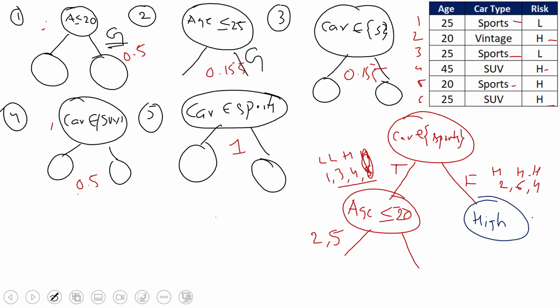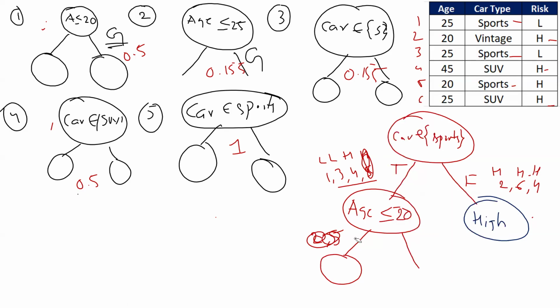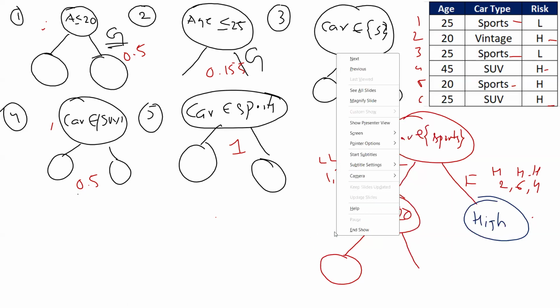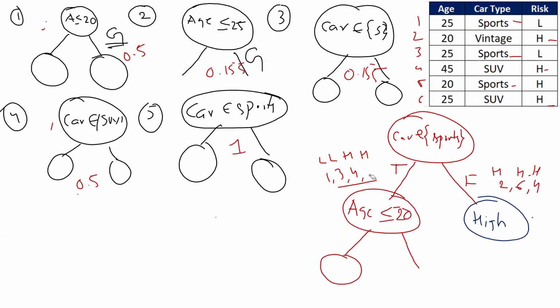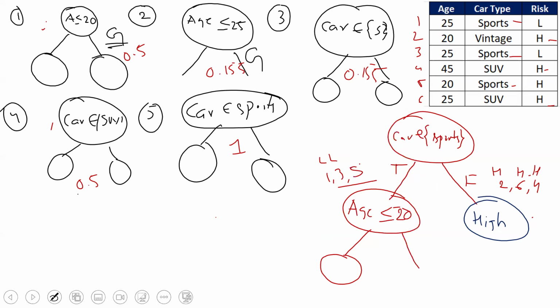So out of 1, 3, 4, A is less than or equal to 20. What all comes this side and what all comes this side? 1, 3, 5, yes. I'll just erase that. So 1, 3, 5 comes this side. So 5 is high.